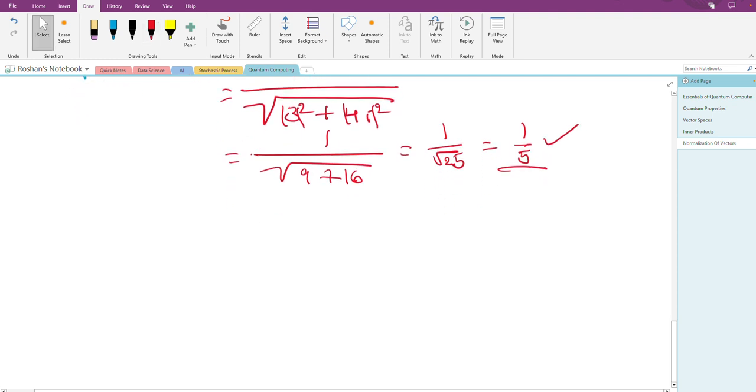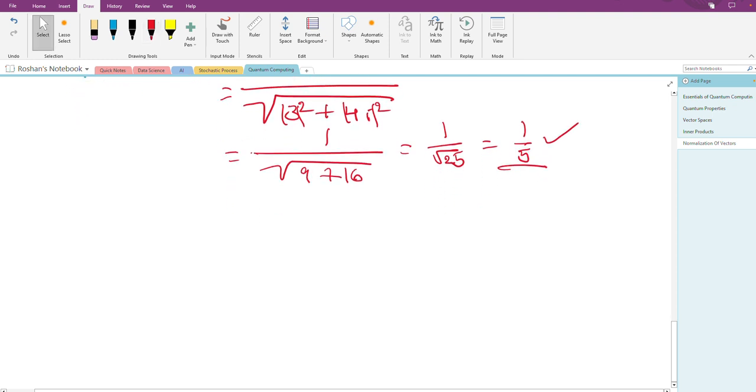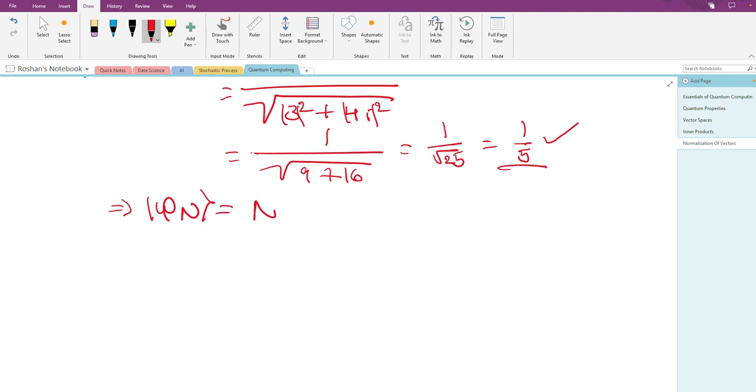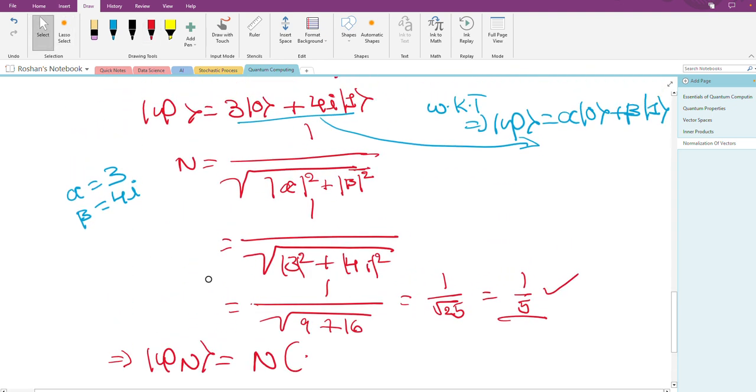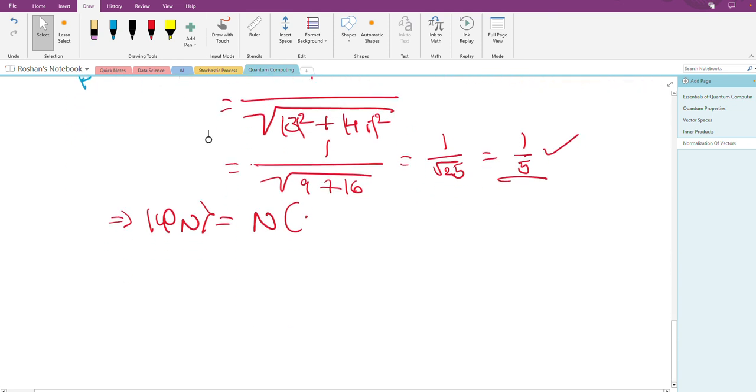So how to find the normalized state? What is the formula? The normalized state psi is n multiplied with our quantum state. What is our quantum state? 3 ground state plus 4i excited state.